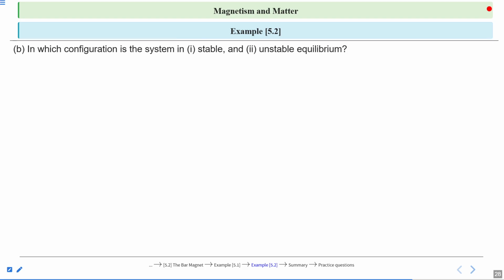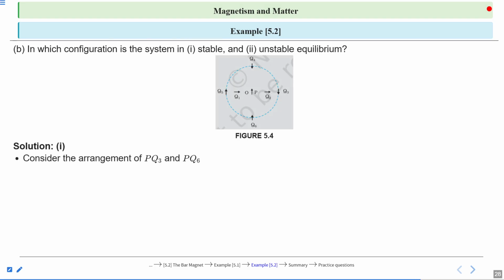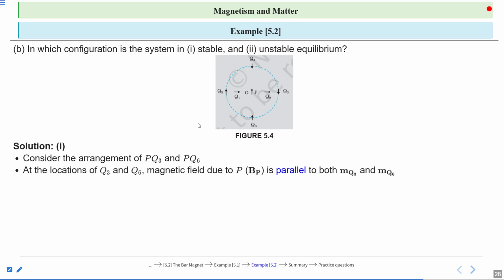So in which configuration is the system stable and which is unstable? We'll do the first part first. Consider the arrangement PQ3 and PQ6. For Q6, the axial magnetic field due to this P will be in the same direction as the magnetic moment of Q6.